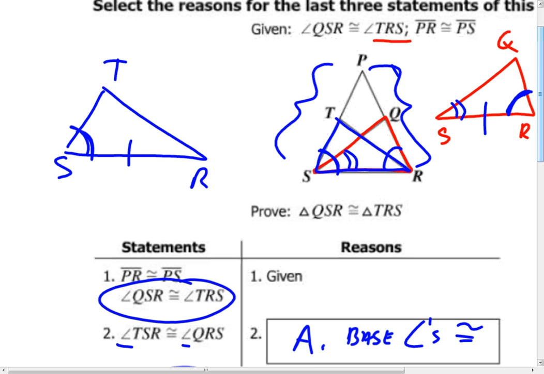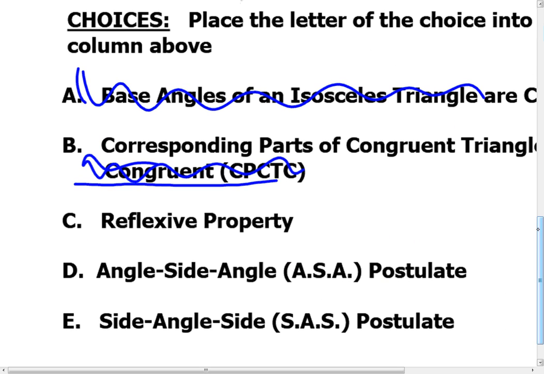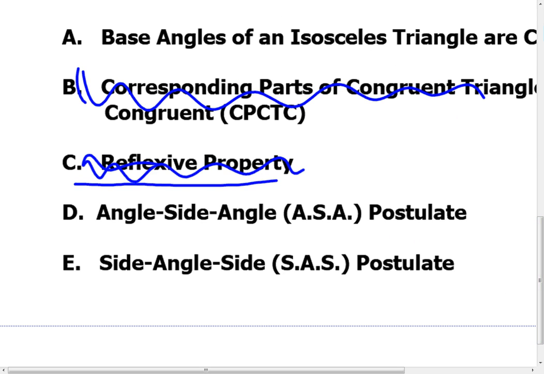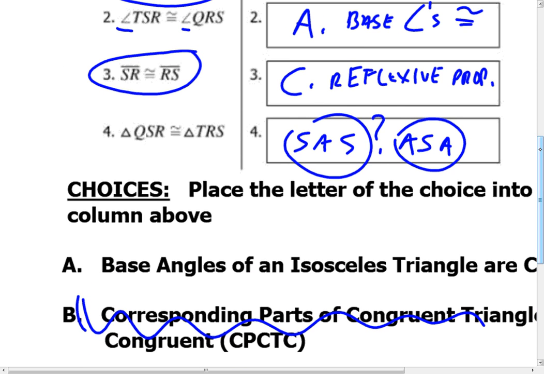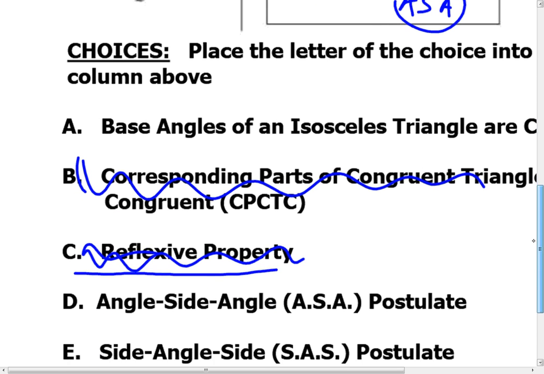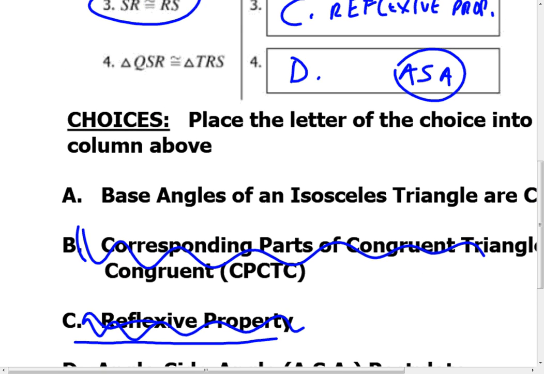And TRS, the little angle right here. So I'm looking at angle, side, angle. The one I want down here is ASA, which is tomorrow.